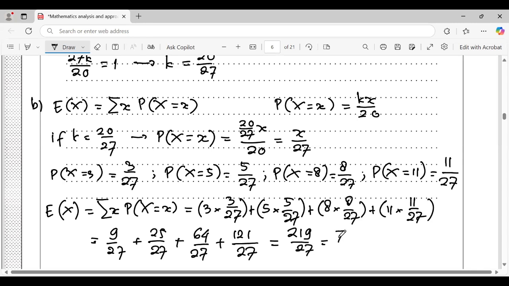Or you can simplify, it becomes 73 over 9, or in decimal number, it is 8.1111, or rounded off becomes 8.11. This is the value of the expectation of x.